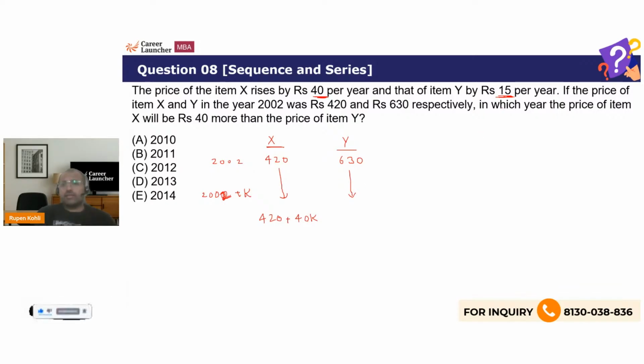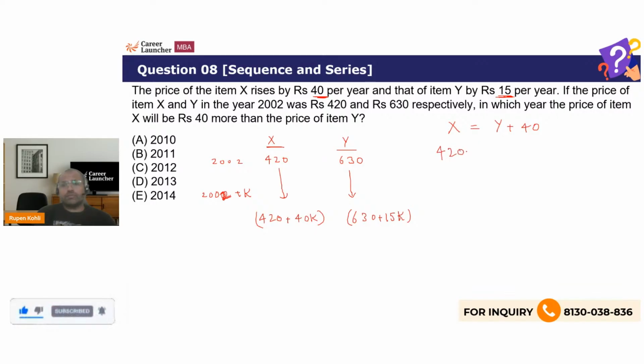Likewise, this one increasing by 15 rupees per year will become 630 plus 15k. I have to find this k. This price of X should be equal to 40 plus the price of Y. Price of X should be price of Y plus another 40 rupees.